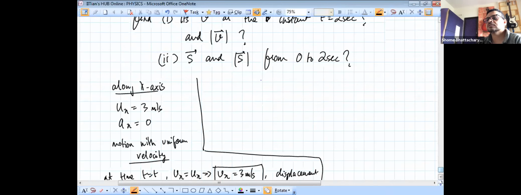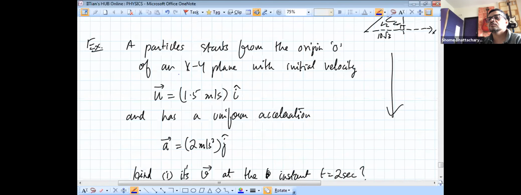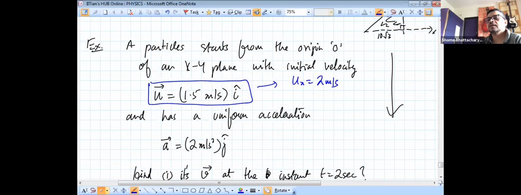So along the y-axis, your initial y component of velocity is 0, because your initial velocity, you go back, was just given as this. So this basically means what? X component is 3, and y component is 0.